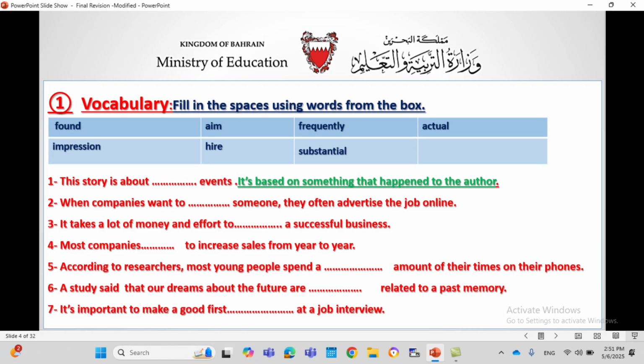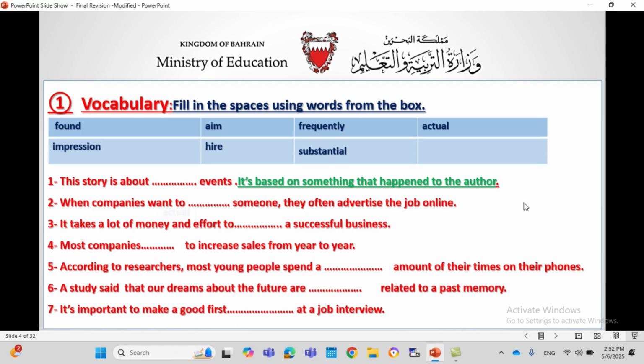Okay, number one, this story is about gap events. It's based on something that happened to the author. Let's guess the right answer. And I know that you are all brilliant. So we are searching here for an adjective.